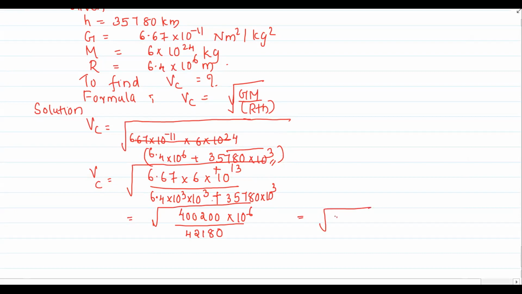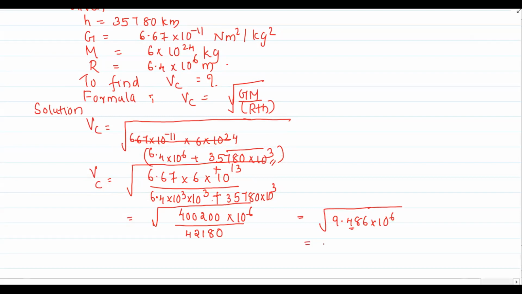On solving this, we will get under root 9.486 into 10 raised to 6. We got this on dividing 4,200,000 by 42,180, which is 9.486 into 10 raised to 3.